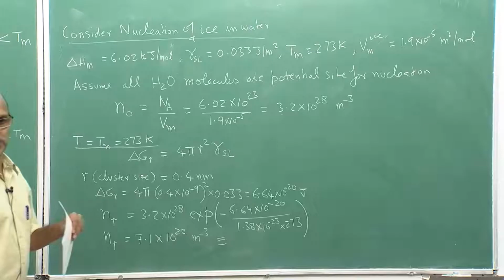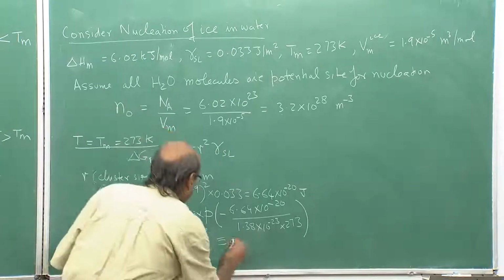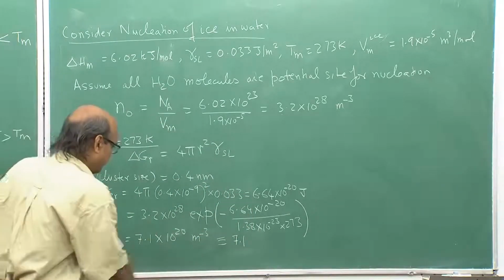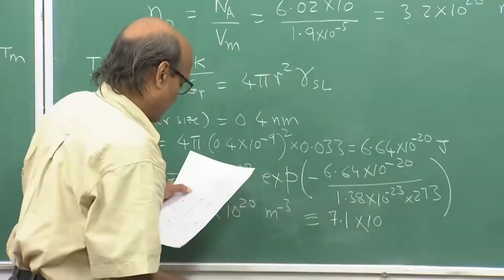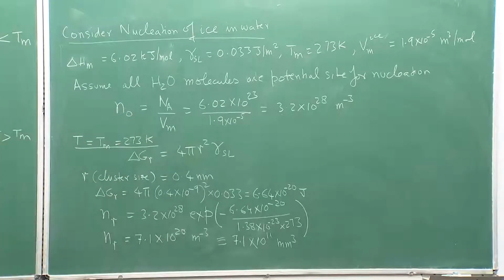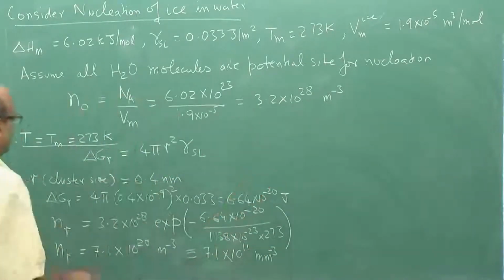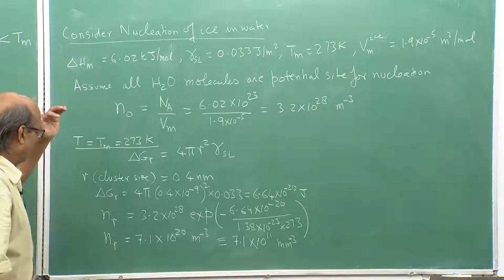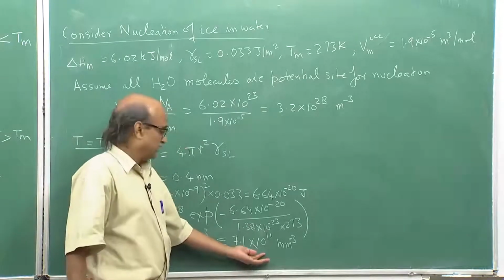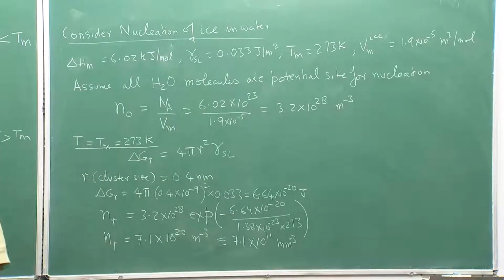Let me write this per millimeter cube. So in 1 millimeter cube of the system, I just have to multiply this by 10 to power minus 9 to give me 7.1 into 10 to power 11 per millimeter cube. So just in 1 millimeter cube of the system, at a temperature of 273 K, I can expect order of 10 to power 11 nuclei of size 0.4 nanometers.